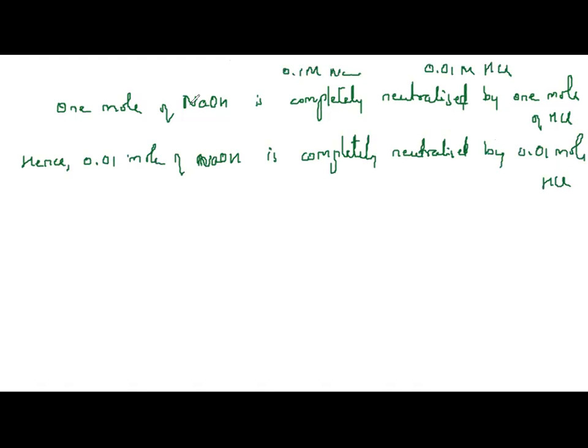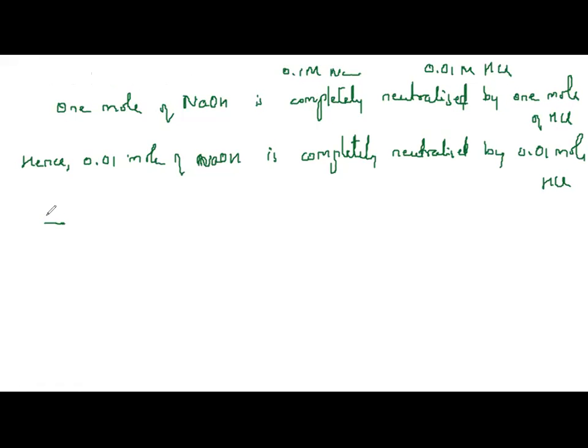I have taken only moles here because the volumes are the same. Moles per volume is molarity, and since the volumes are the same, I have ignored volume. And we know the reaction NaOH plus HCl gives NaCl plus H2O. According to this balanced equation, 1 mole of NaOH will neutralize 1 mole of HCl. Getting my point? So equal volumes of NaOH and HCl are mixed.